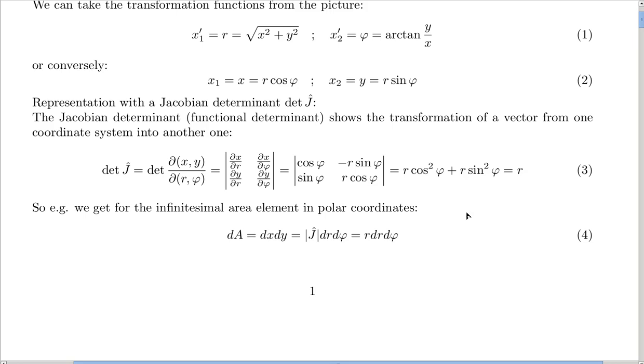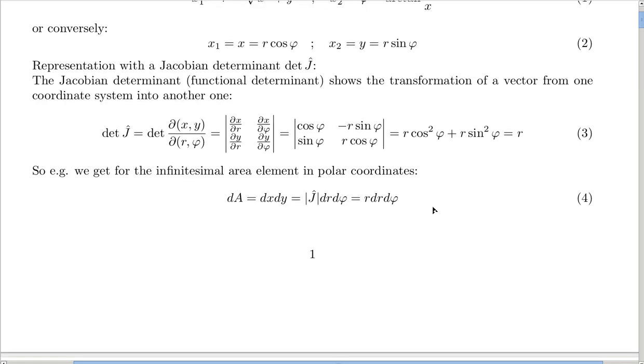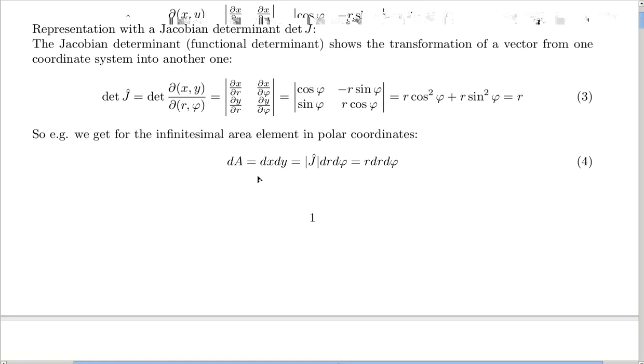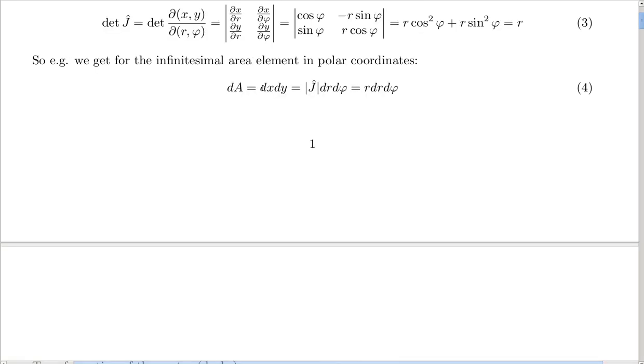And if we consider an infinitesimal area element, dA here, then in Cartesian coordinates, very easy, that's the product of dx and dy. And in polar coordinates, we have to write to the differentials the Jacobian determinant. So that's the value r.